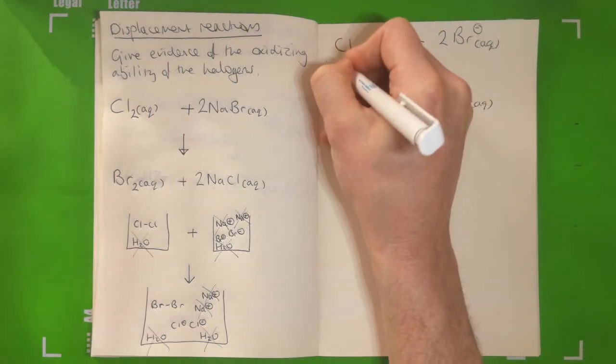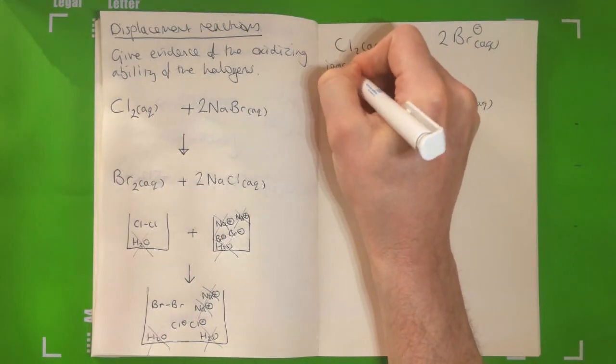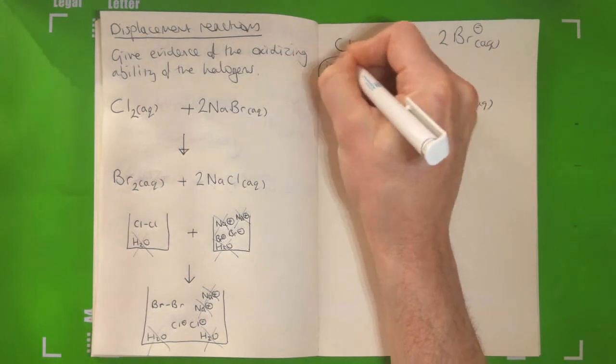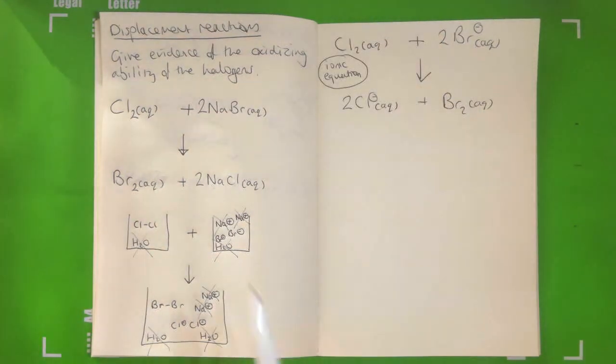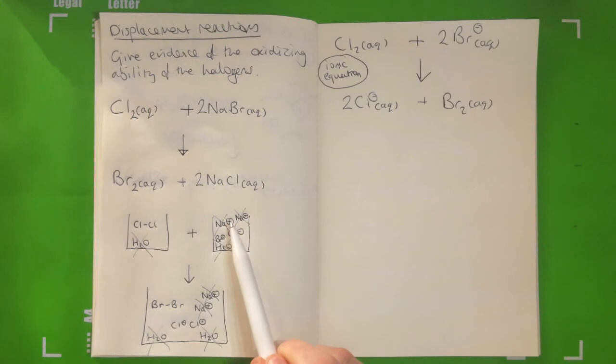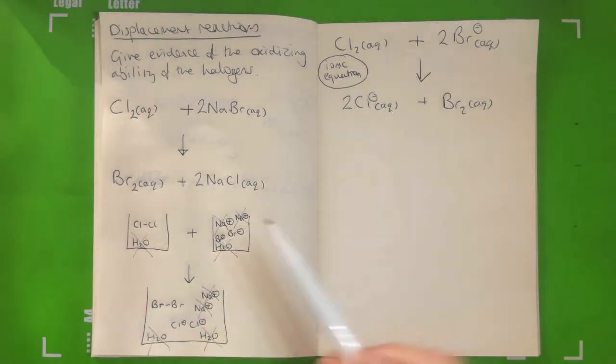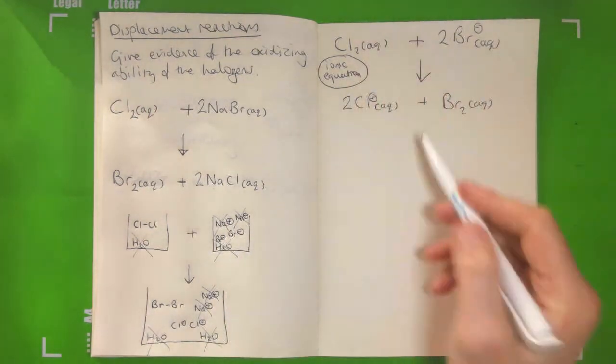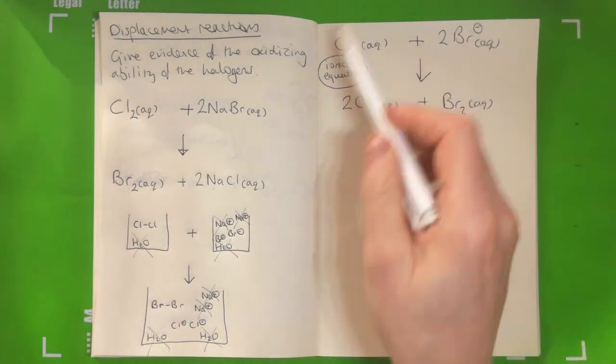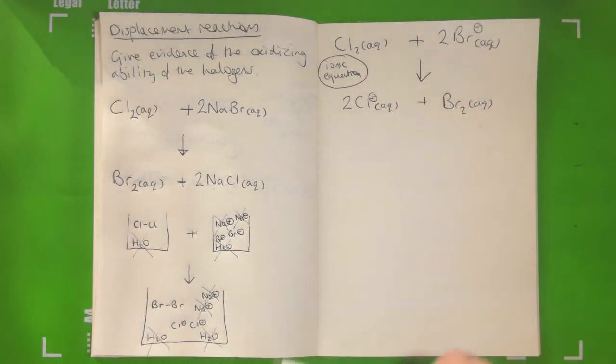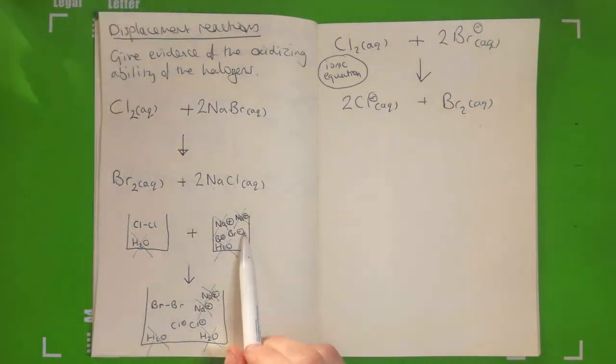This is my ionic equation. Remember, an ionic equation does not include spectator ions. So in this case, my spectator ions are my Na+. So an ionic equation is often useful to see what's actually going on, and it draws our attention to the chemical bonds and things which are actually reacting rather than the spectator ions themselves.